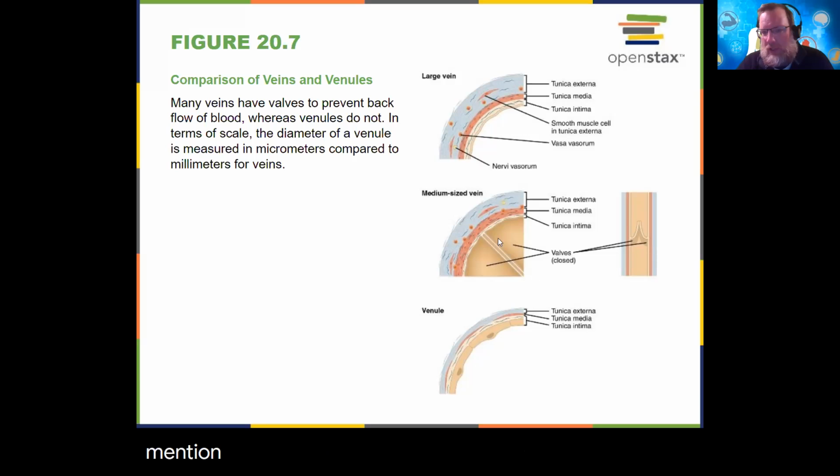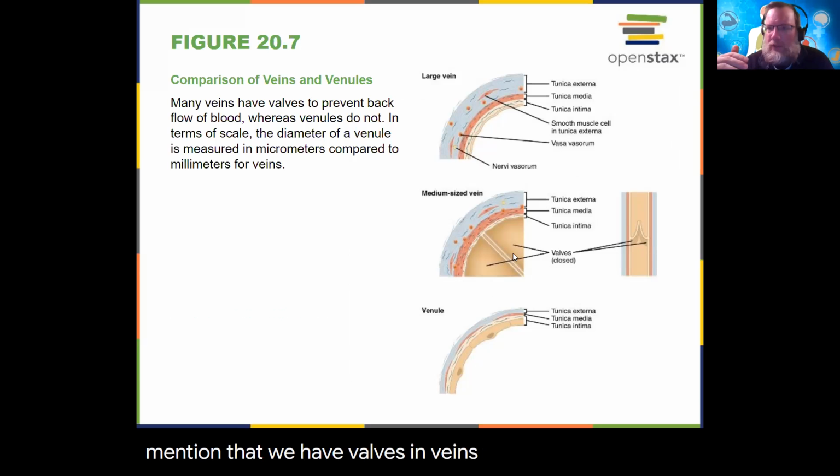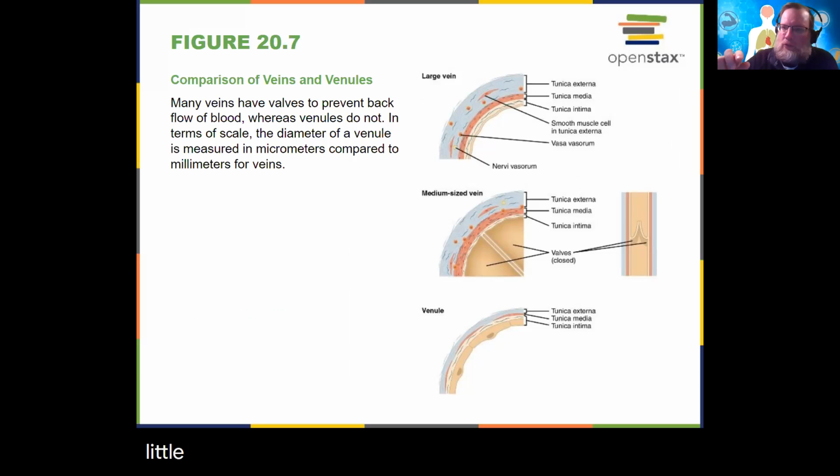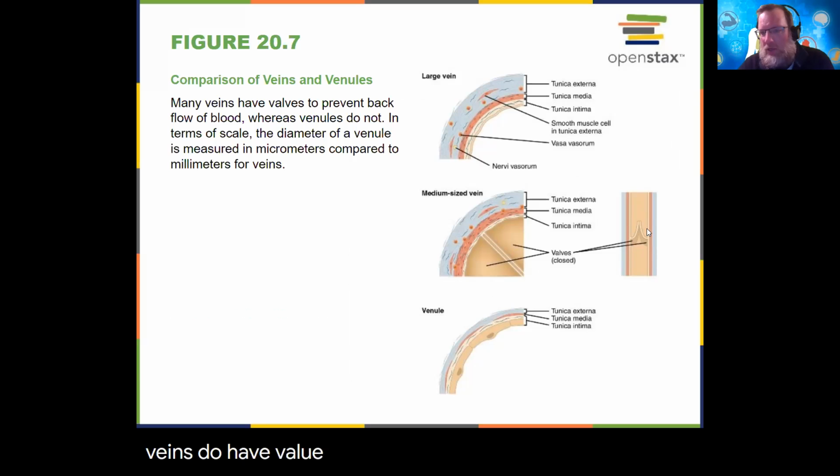I do want to mention that we have valves in veins. I've got a little illustration shortly. Whenever you see valve, of course, we're thinking prevention of backflow. So veins do have valves to prevent backflow. And if these valves become compromised, then we're going to get backflow, right? And that leads to edema and fluid imbalances.